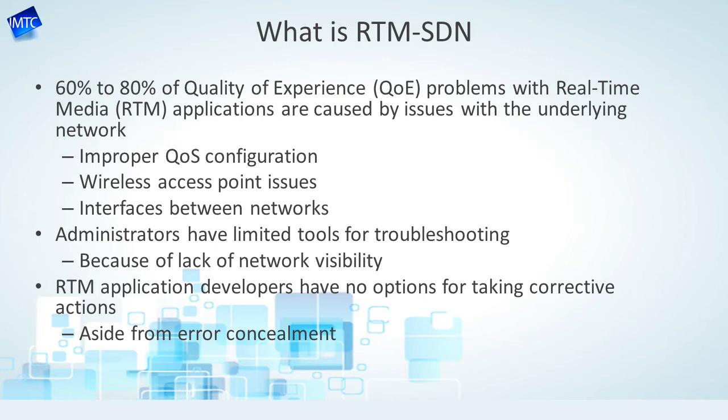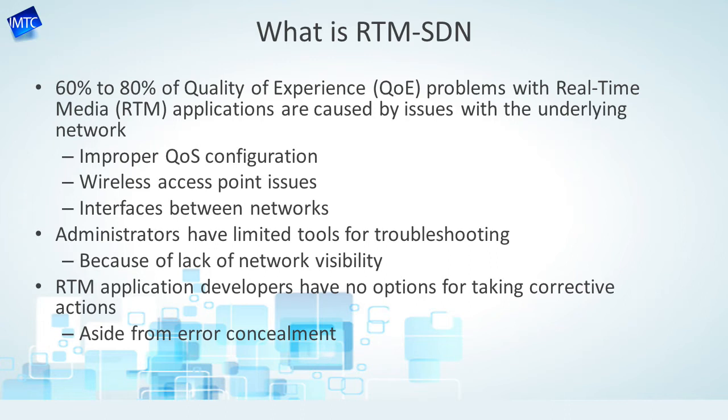This can happen when there's congestion in the network, which causes packets to be lost, or when there's congestion that results in packets being delivered late, which for real-time applications is almost equivalent to the packets being dropped. With newer technologies, delivering real-time media over wireless networks introduces a whole new class of problems in terms of interference and those kinds of things that can contribute to the quality problems.